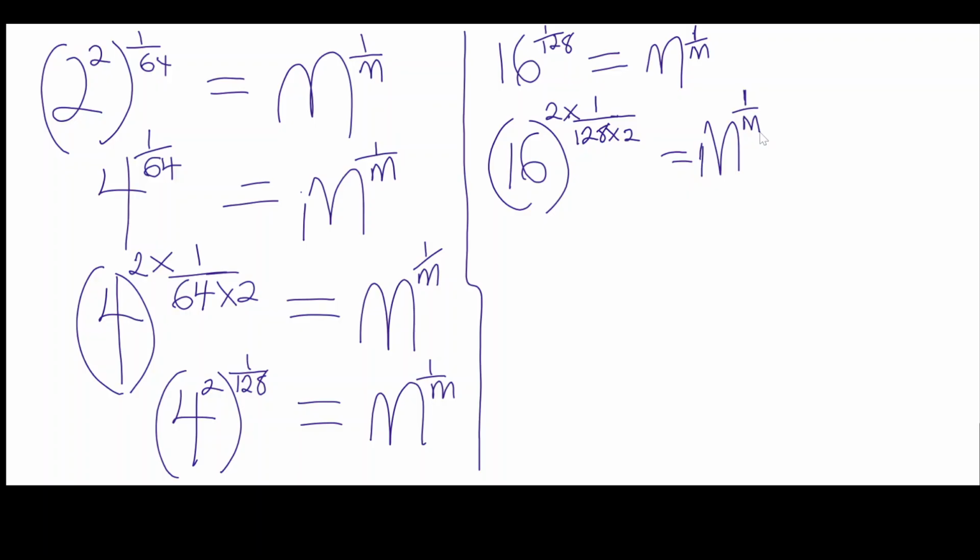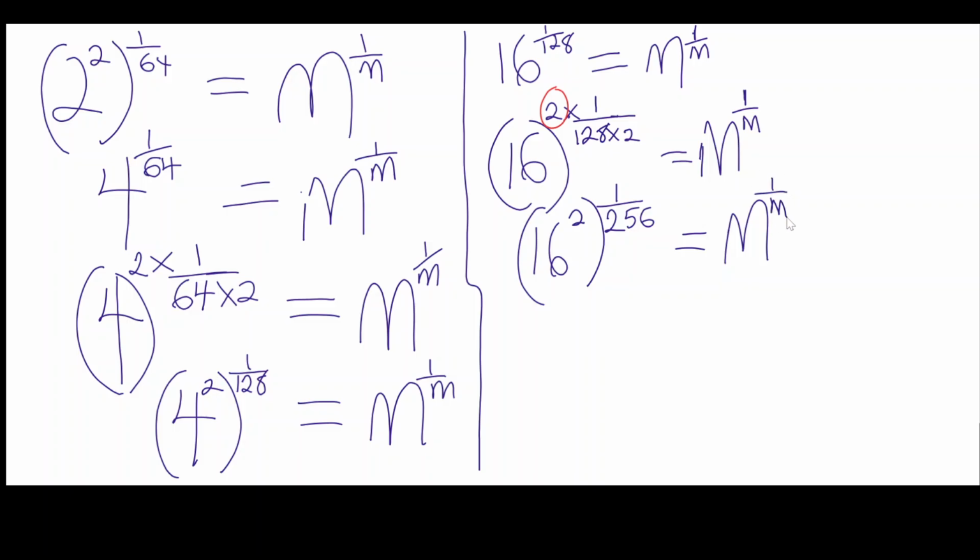So from here, I'm going to bring the 2 here inside the bracket to have 16 raised to the power of 2, of course. So I'll be having 16 raised to the power of 2, then to the power of 1 over 128 times 2, that's 256. Then equals m to the power of 1 over m.